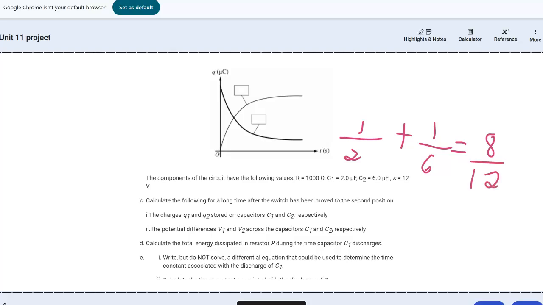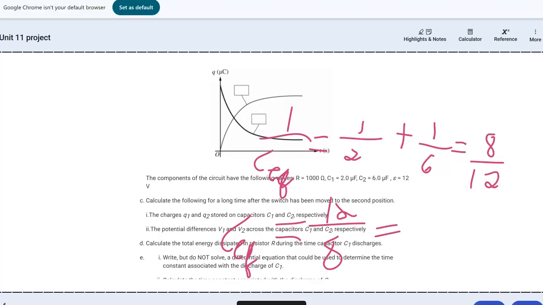And that's how we add capacitors in series. So 8/12, that's 1 over C equivalent. So then that would mean C equivalent equals 12 over 8. And then, so that's the same as 1.5. Makes it easier.